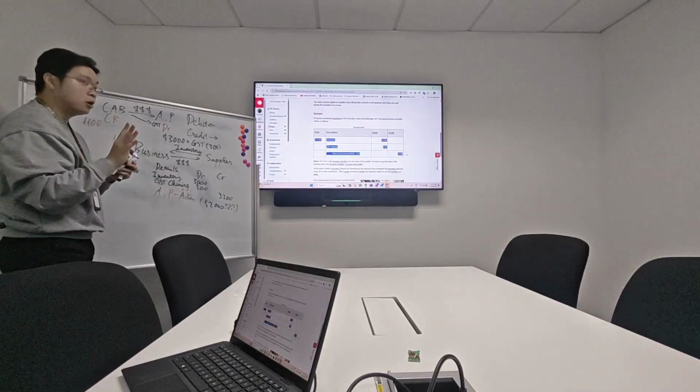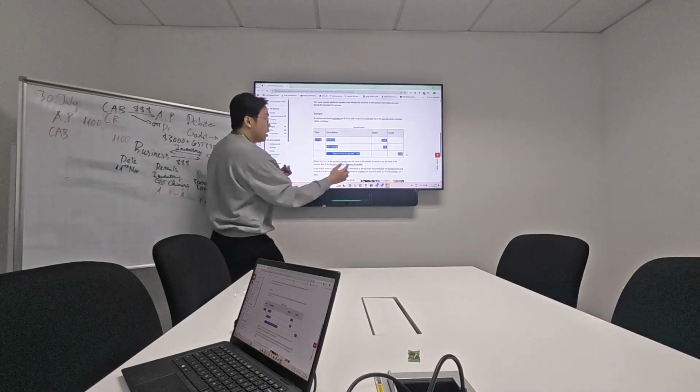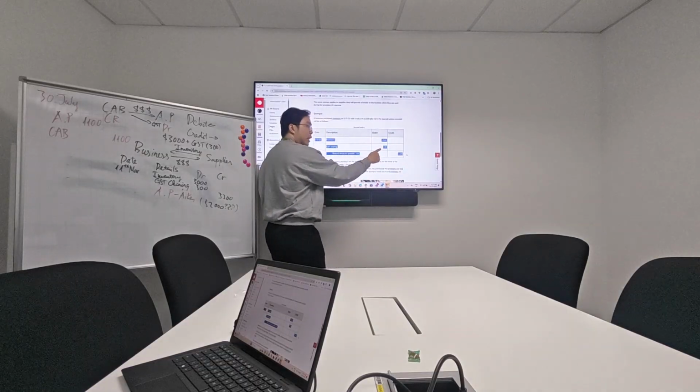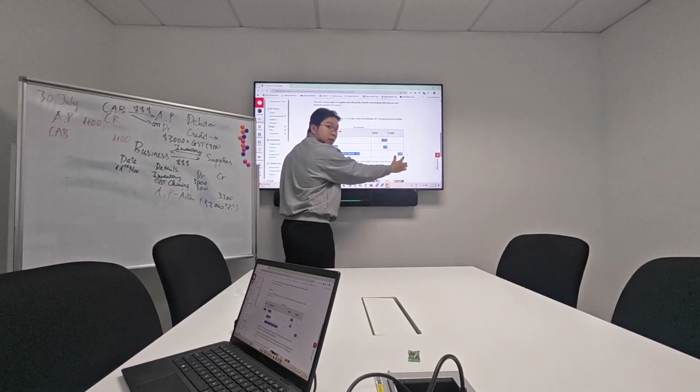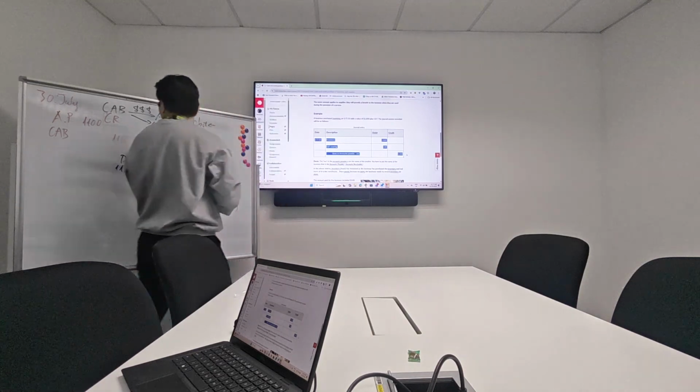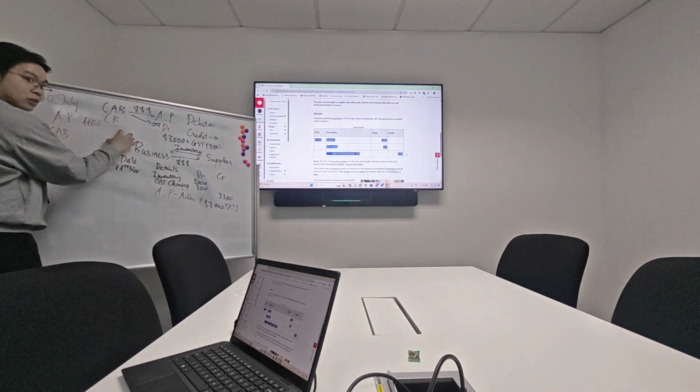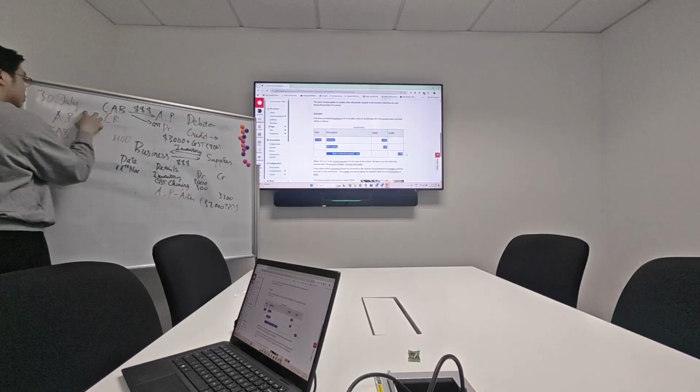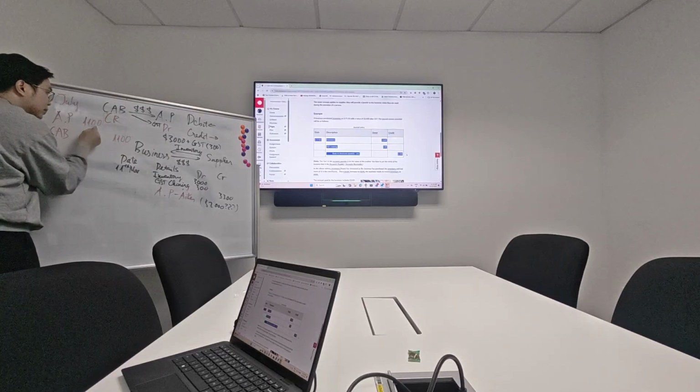No. We already recognize the tax within this figure. See, this 100 is already included in here. So when we make this payment, total 1,100 going out and going into the accounts payable, we are already paying tax.